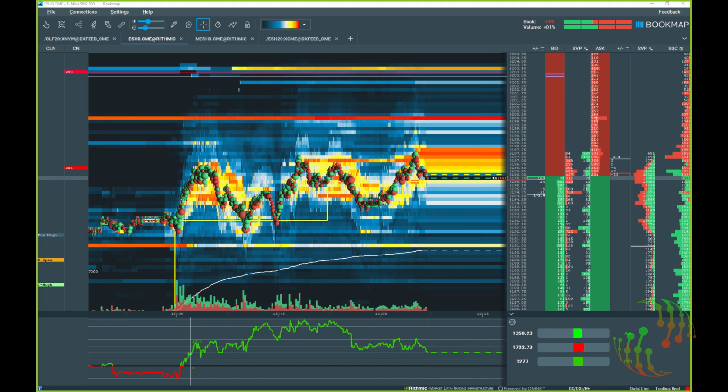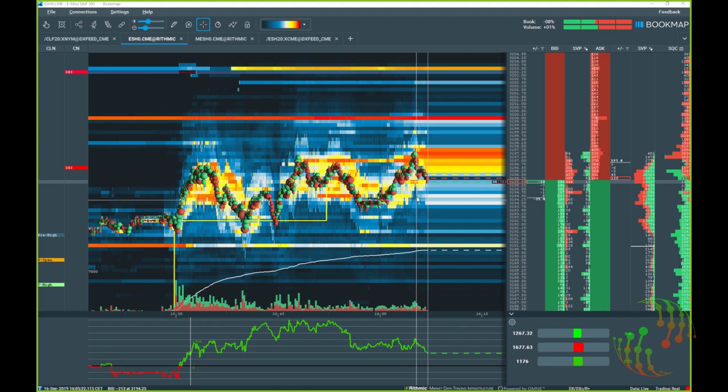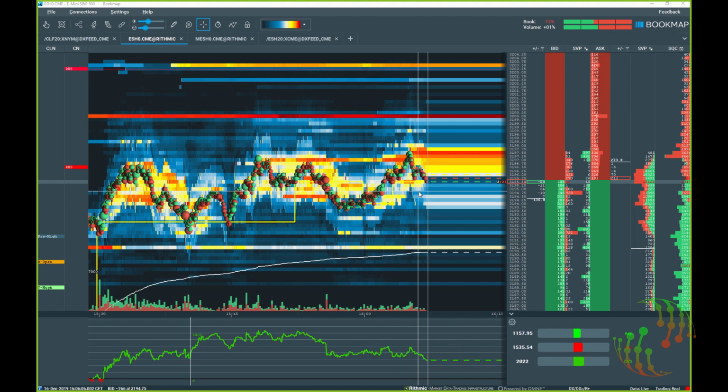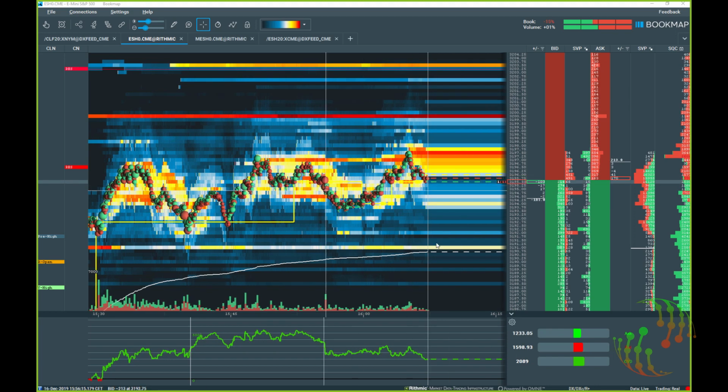Do you also take into consideration that there is spoofing in the order book? Yes, of course. I see that. It's absolutely clearly visible that there is spoofing in the order book. You see that very clearly here on the visual part.